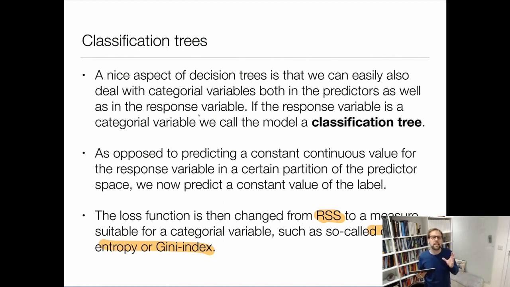Feel free to go into the documentation and have a look what it exactly is, but for the nature of this code, we don't have to know exactly what it is, but again, by minimizing it, we are making our predictions more accurate.